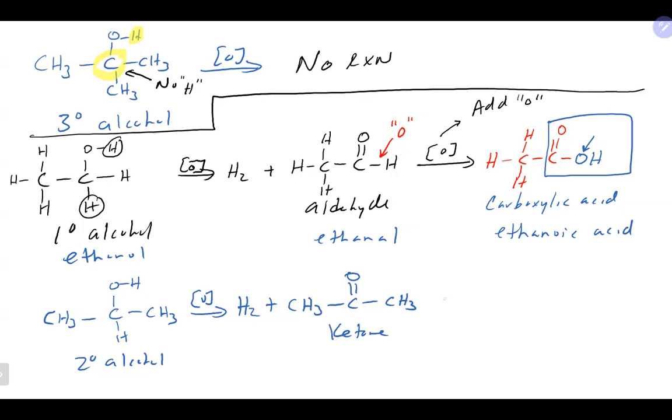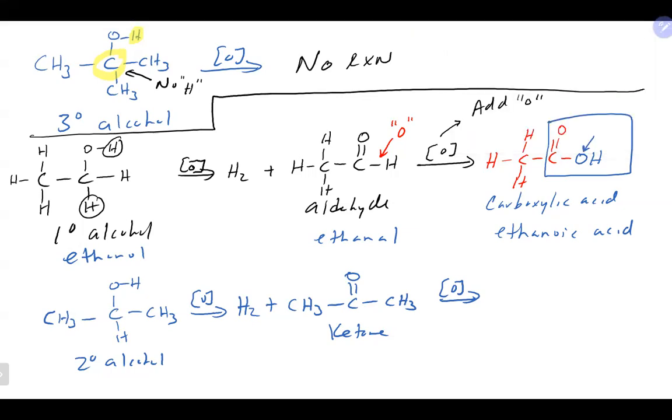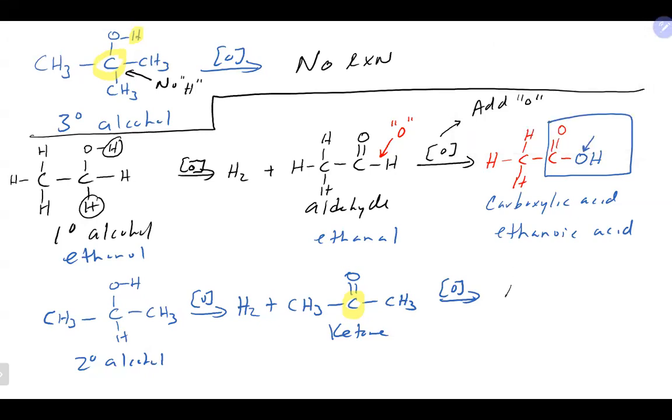And you want to oxidize this one more time. The problem is the same thing that we saw with our tertiary alcohol, kind of missing some hydrogen here. So it will not be able to go through that oxidation step. So if you try to oxidize a ketone one more time, you'll get no reaction.